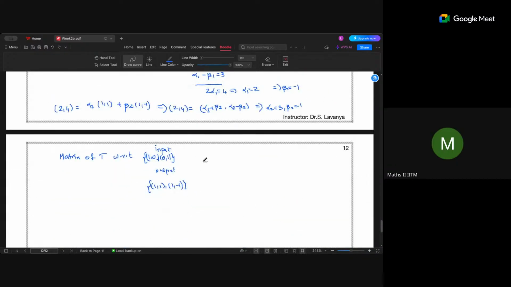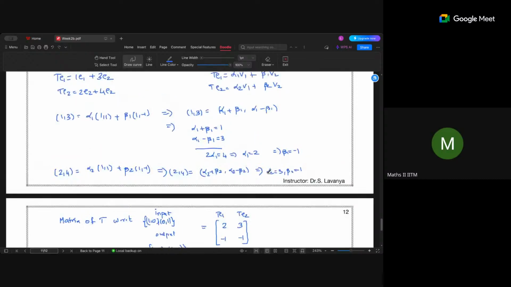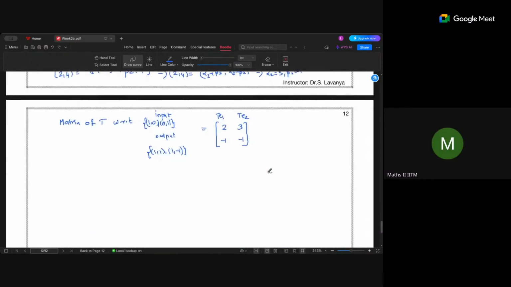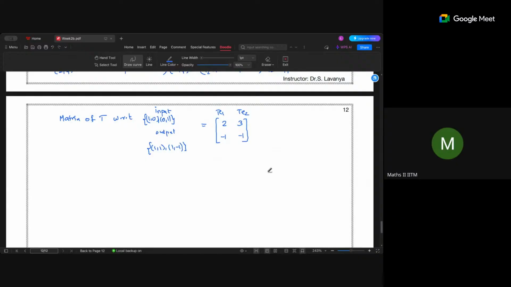So what is this matrix? It is [2 3; -1 -1], the columns being T(E1) and T(E2) in terms of V1 and V2. Is this clear? How are we doing this? Is this clear? Yes, ma'am. Okay, fine.